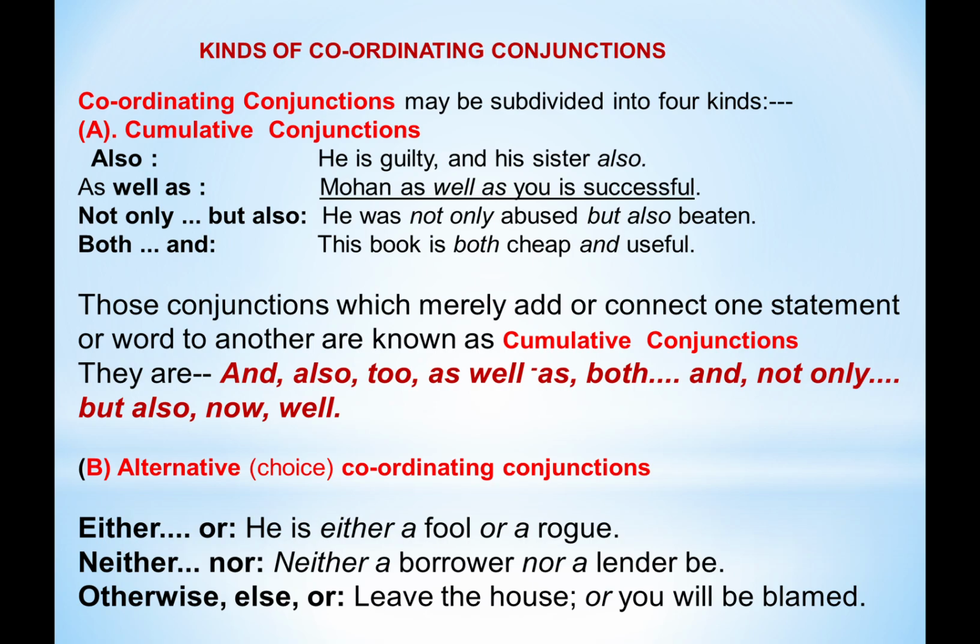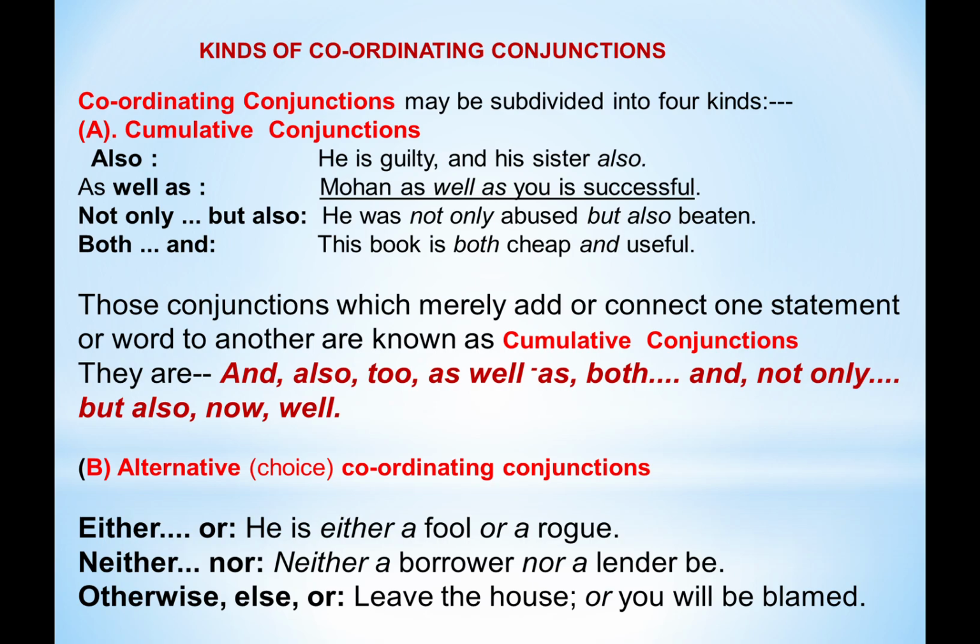Both and: This book is both cheap and useful. Those conjunctions which merely add or connect one word or statement to another are known as cumulative conjunctions. That means simply joining, summing up. They are and, also, but, as well as, both and, not only but also, now, well, etc.